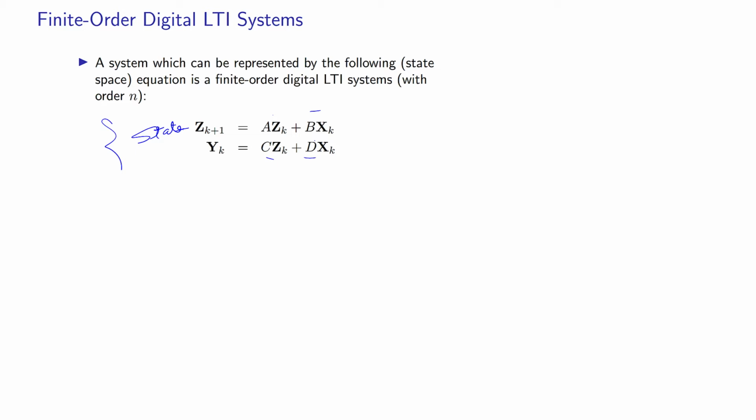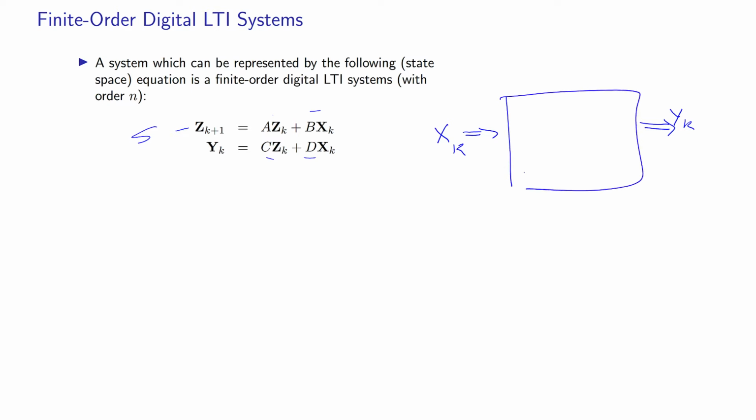So any linear time invariant system could be represented like this. Here the input is X of K, the input random process, and the final output is Y of K, and this is the system. But inside this system you have Z of K, which is the state of the system, and this state is fed back in there.